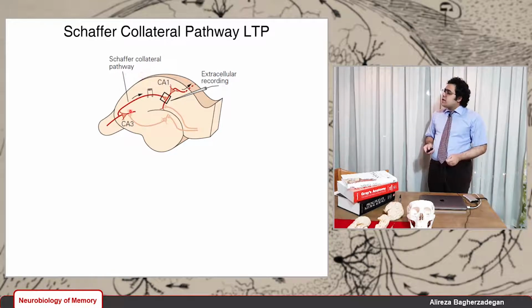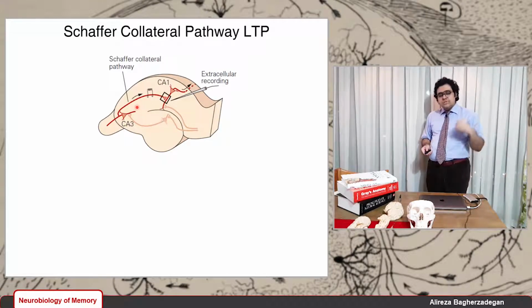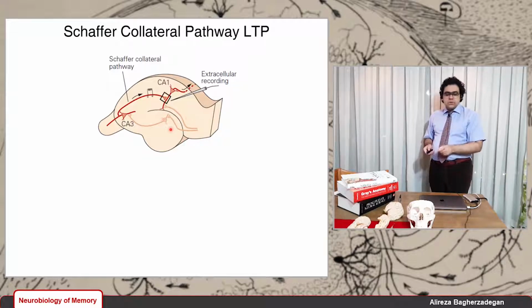And so what we do is we apply a tetanic stimulation, and a tetanic stimulation is a very high frequency stimulation. For example, one tetanic stimulation lasts 1 second, and it has a frequency of 100 hertz. So it has 100 stimulations in 1 second. It's very high frequency stimulation. So we apply that tetanic stimulation and we record extracellularly. And we record EPSPs. When we record EPSPs extracellularly, those EPSPs are called field EPSPs.